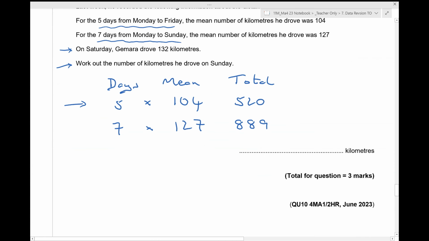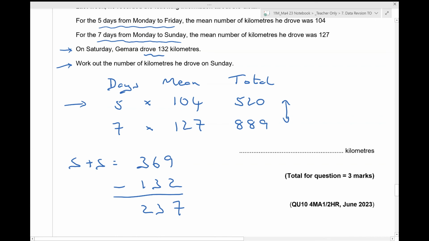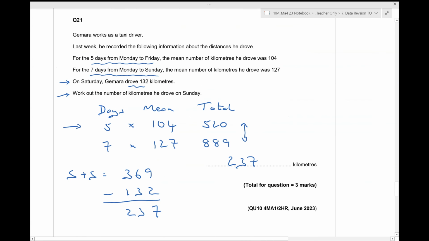So for the weekend, for the Saturday and the Sunday, he must have driven the difference between 889 and 520. Must have driven 369 kilometres. But of course, we're told that on Saturday, he drove 132. So if I take that away from the 369, I'll be left with how many kilometres he drove on the Sunday. 237. Okay. Question 21 done.